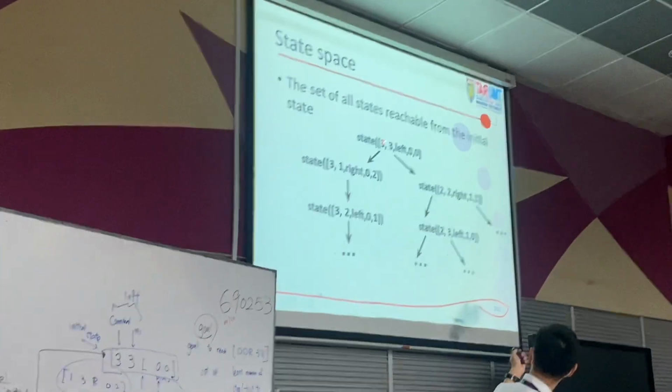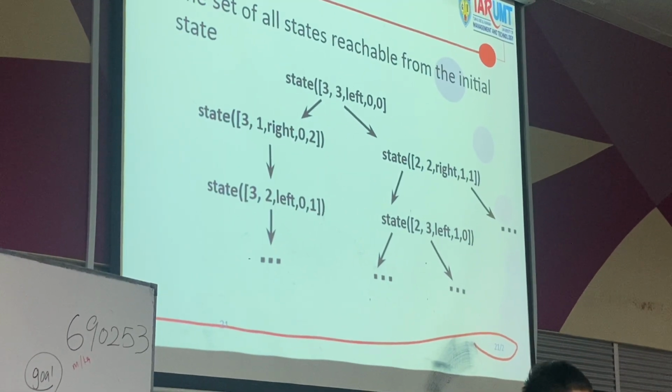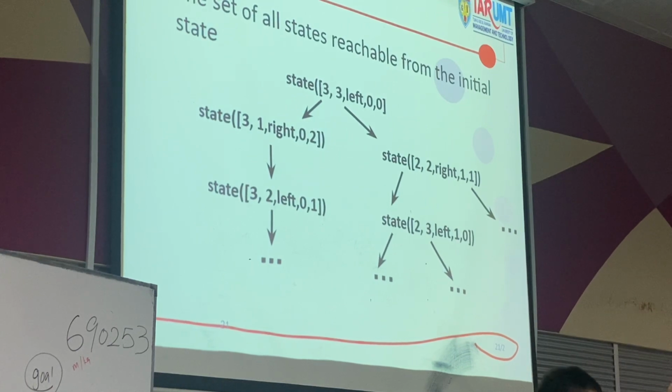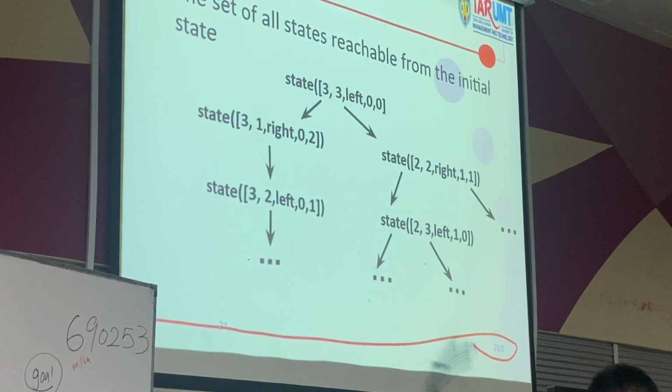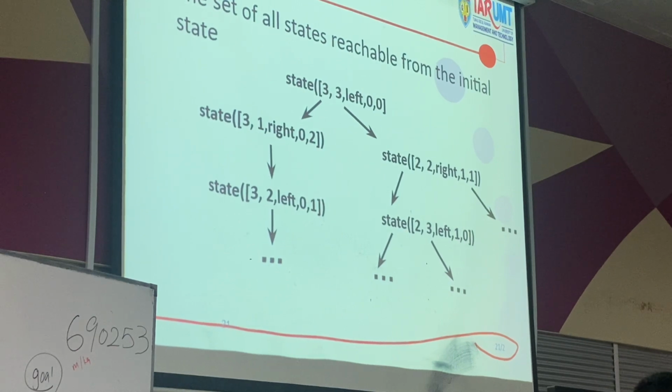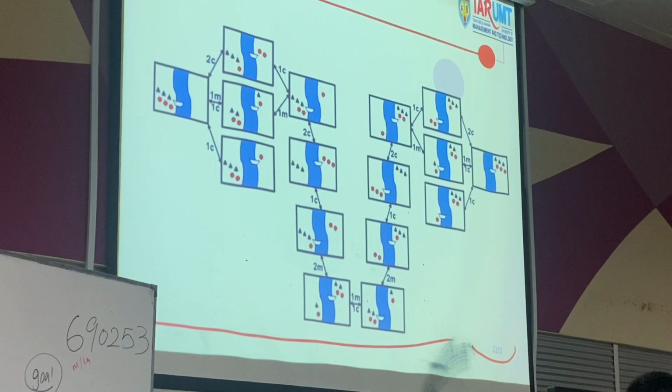Then you can also move one from left to right. Then you continue to expand until the end. But this is not the complete state space. You have to expand until the end, then you will have the full state space. I think we have this in the tutorial questions, if not mistaken. Okay, so this is the state space.